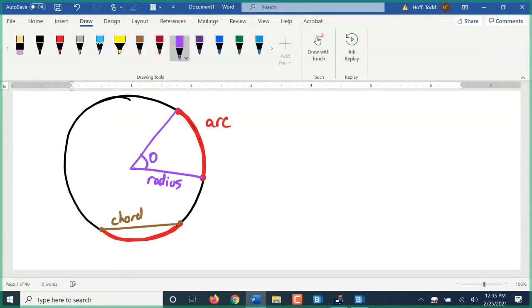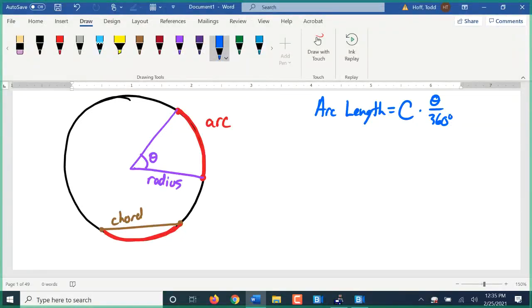Now I'm going to signify that central angle with the Greek letter theta. It's used for an unknown angle. So if we have that angle in there, the length of the arc is equal to the circumference of the whole circle times that angle over 360 degrees. It's a fraction of the full circle. Whatever that angle is over 360 tells me what fraction of the full circle's circumference that arc is.